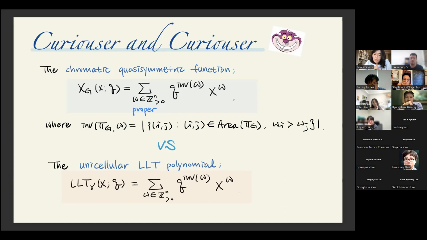In other words, we could just put any words for the main diagonal, but here we have the proper condition, which means if two vertices are connected by an edge, then the cells should have different values. But other than that, they look very similar. So there must be some connection between these two symmetric functions.